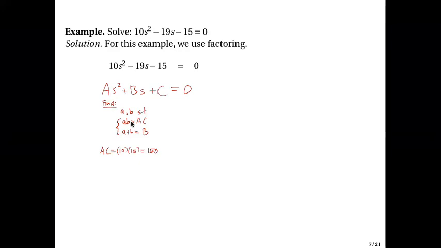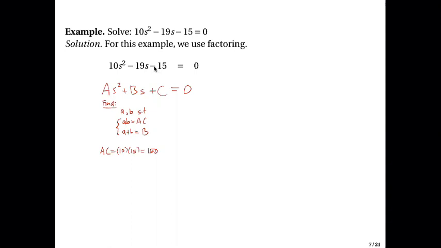So we want to find several pairs for this 150 so that they will satisfy this condition. The product is 150, and the sum of the pairs that we obtained is equal to negative 19 here.